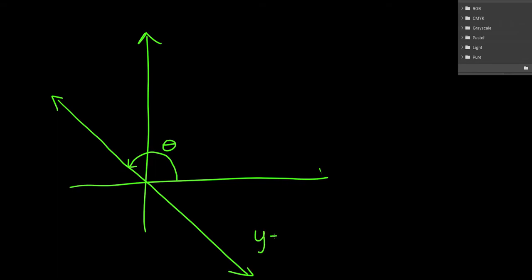Okay, so it says find in radians the measure of theta. It goes through the origin, and theta is measured from here to here. Then they tell us the equation of the line.